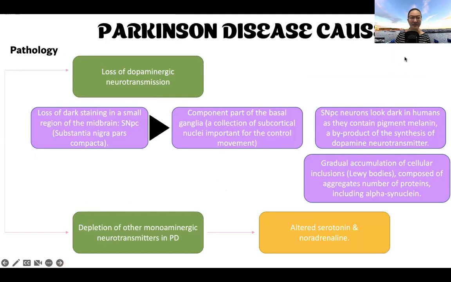Parkinson's disease pathology. There are two things here: loss of dopaminergic neurotransmission and depletion of other monoaminergic neurotransmitters in Parkinson's disease, with altered serotonin and noradrenaline.